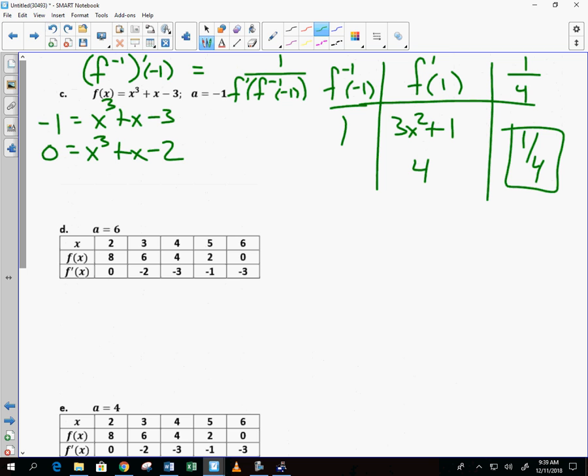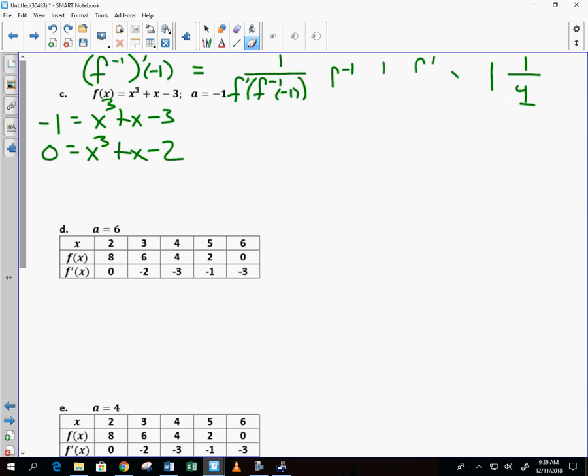What's different about letter D? They don't give you a function as a rule. They give you a table. Fortunately, no, that would be really complicated. I like the way you think, but we're not going to go that difficult. Okay? What they want us to do in this problem, if they said, find f inverse prime at 6, we would say, well, hey, we know that rule.